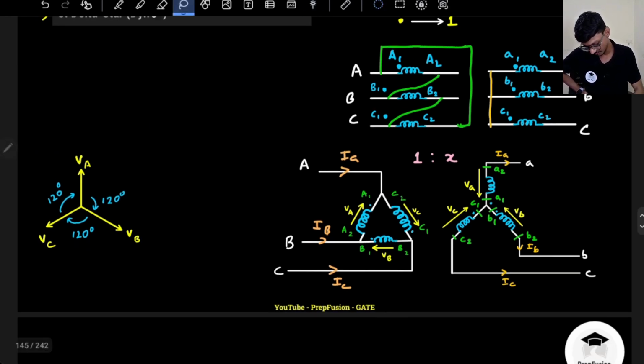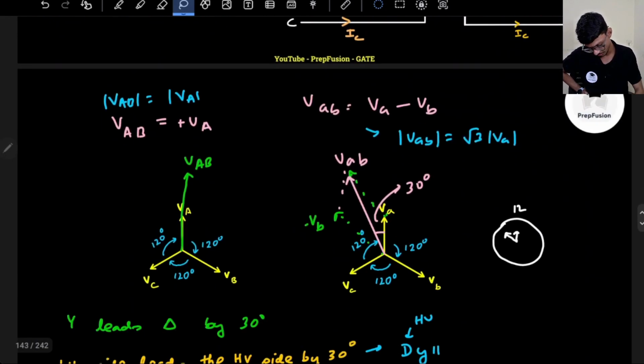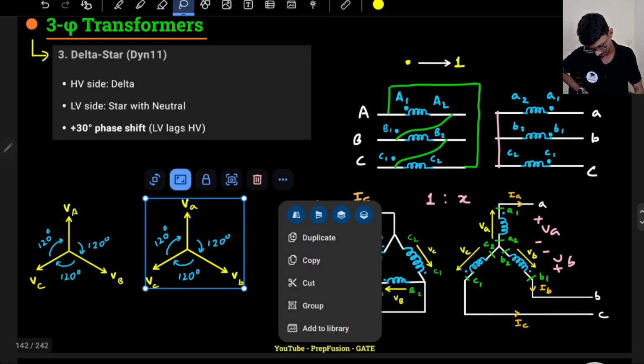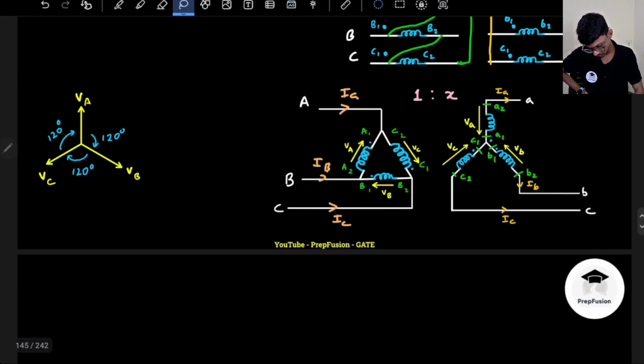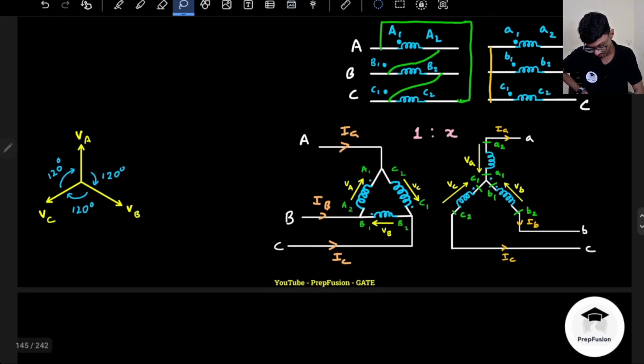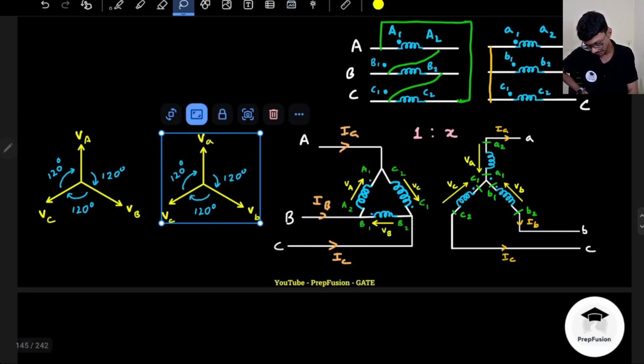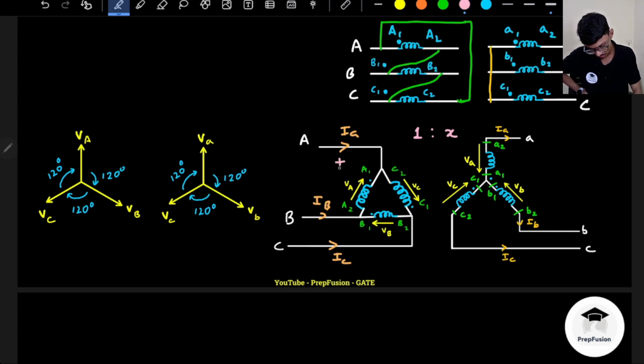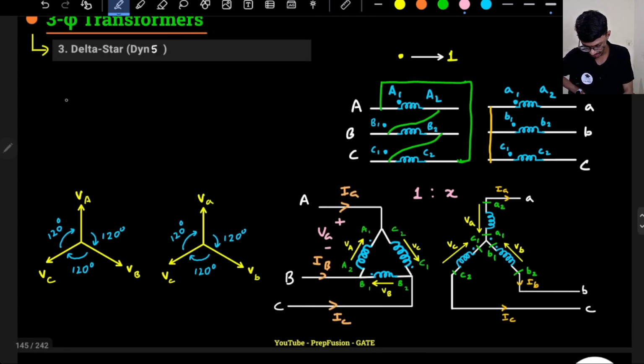Okay, so again I have to copy this phasor diagram. I'm forgetting to copy this phasor diagram, right? Everywhere we have to copy this actually. So if I observe that this is plus, this is minus, right? This is plus minus VA, right? So line voltage capital VAB is the same, that is plus VA. It does not change, plus capital VA. What about the line voltage small VAB?